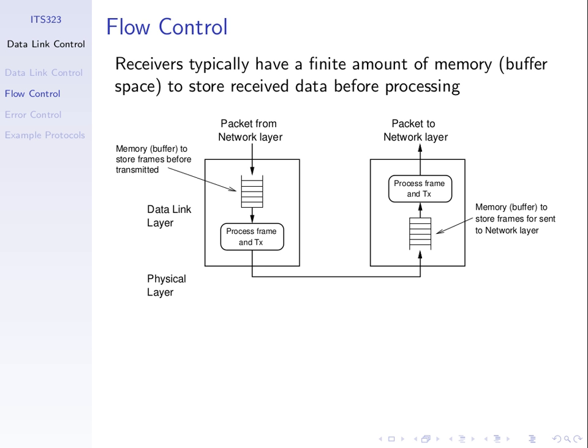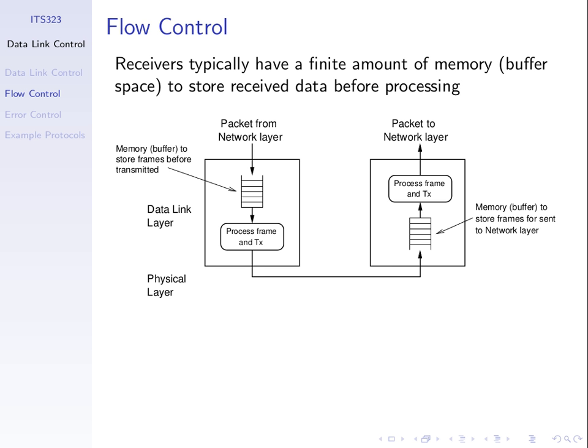Of course, the link data rate limits the maximum speed at which it can send, but what the receiver can do is tell the sender, stop sending. Stop sending because I'm still processing the data, and once it's got some space to store more frames, you can say start sending again, so that over time it's not sending too fast to overflow the receiver. That's the concept of flow control.